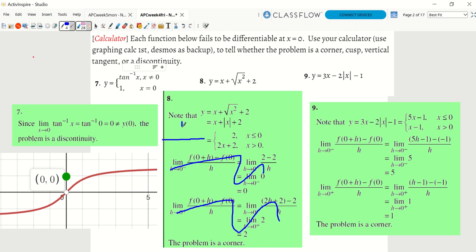Okay, so this is your xy axis. You know the slope of this horizontal line, because remember, this is y equals 2. The slope of this horizontal line is going to be 0.